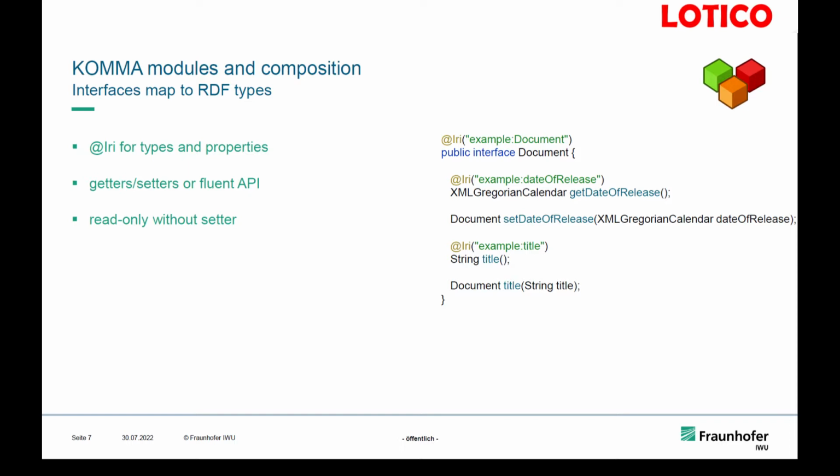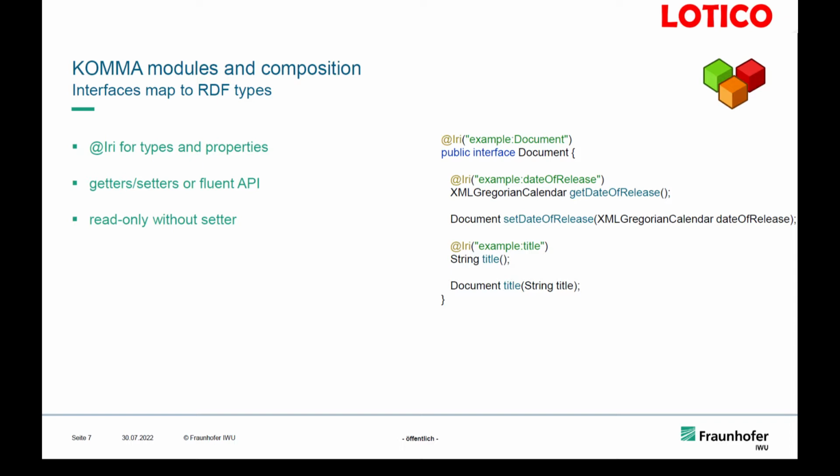As you can see here, you use the Iri annotation for annotating the type of the interface in RDF, and you use the same annotation for annotating the property URIs or property names.